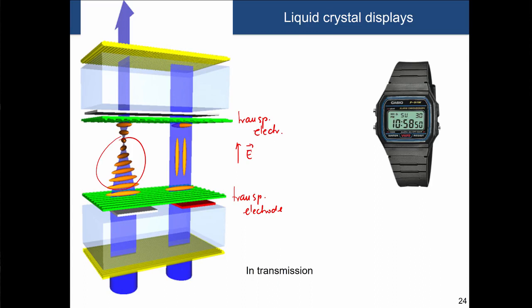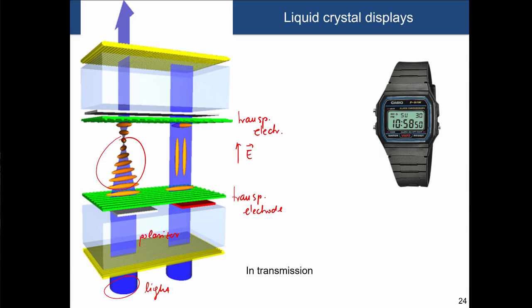And the reason for that is that you start with a polarized light. So you have a source of light. Either it's, for example, the source of light that is in this watch, or sometimes it works on the reflection. You simply take the sunlight. But the light is coming from this side, and then it's polarized. There is a polarizer that makes this light polarized in a certain direction.